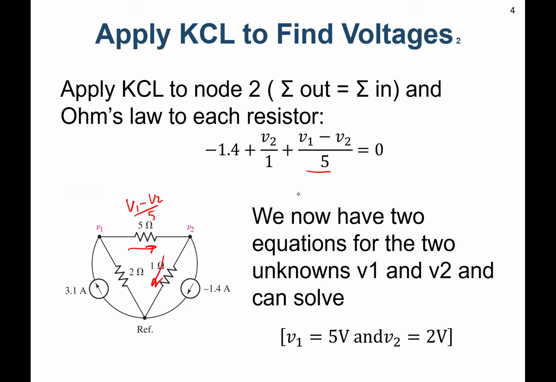What did I do wrong here? What did I do incorrect? I see I made a mistake. Well, I added 1.4 to both sides, so that's how I did it. Well, in this equation right here, I made a mistake. What's the mistake? Anybody see it?